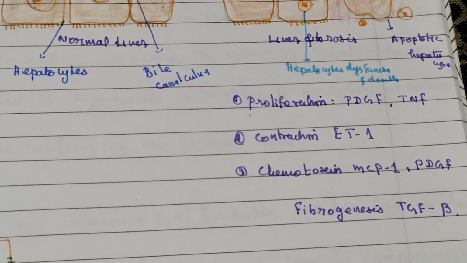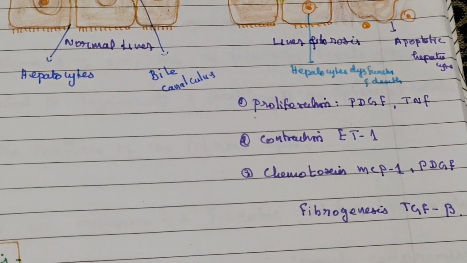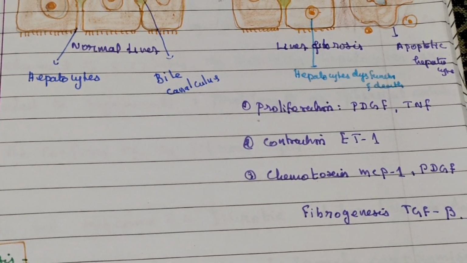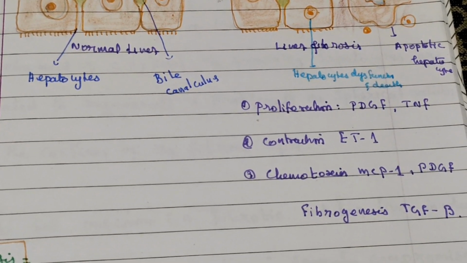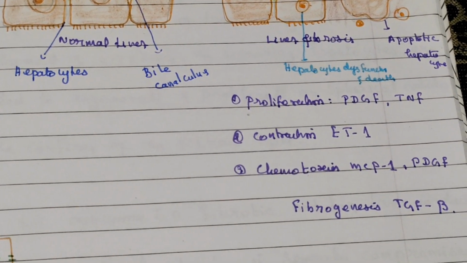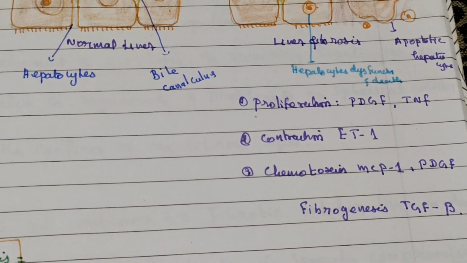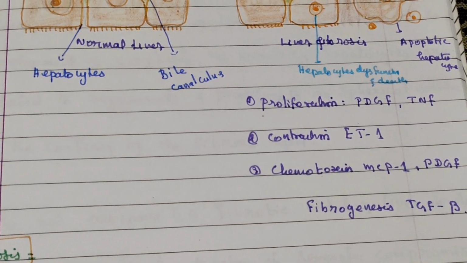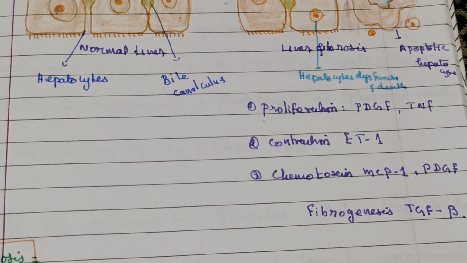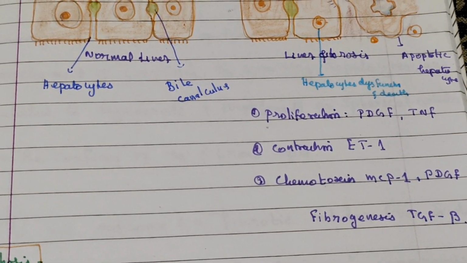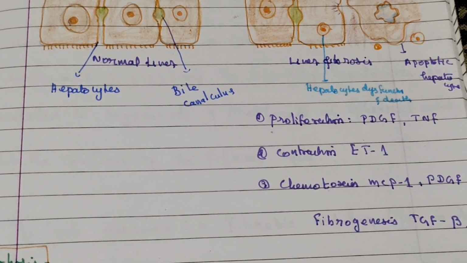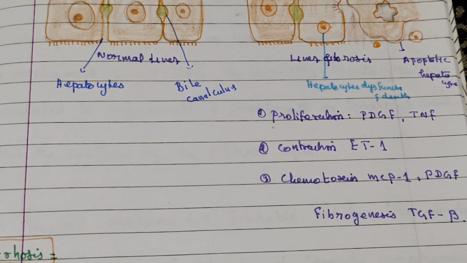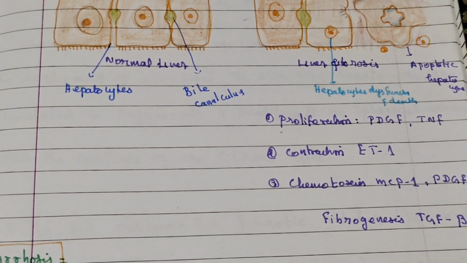It can release TGF beta, PDGF. These growth factors help in proliferation of stellate cells. So by all these there is an increase in fibrosis.